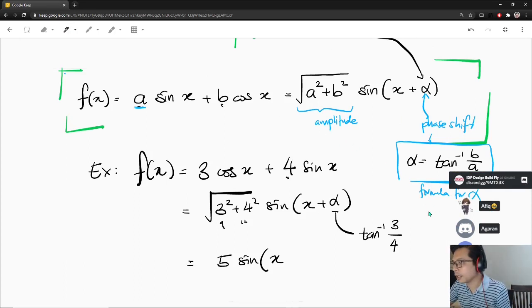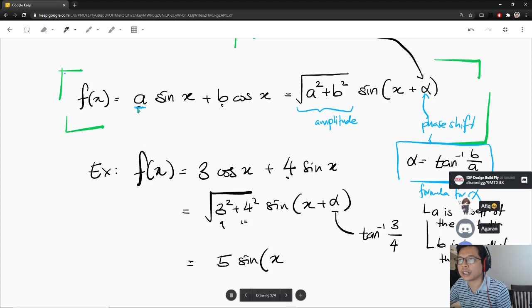A is the coefficient of the sine function in this case, and b is the coefficient of the cosine function.